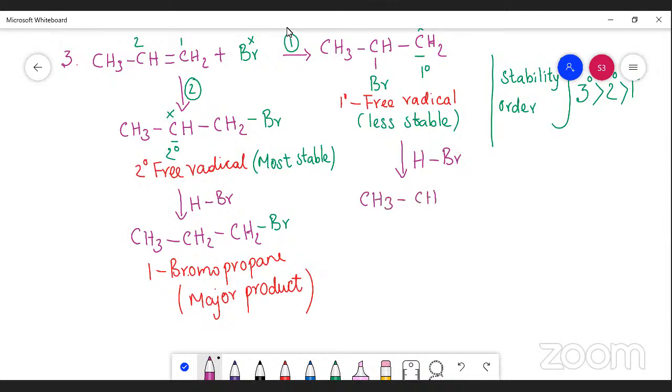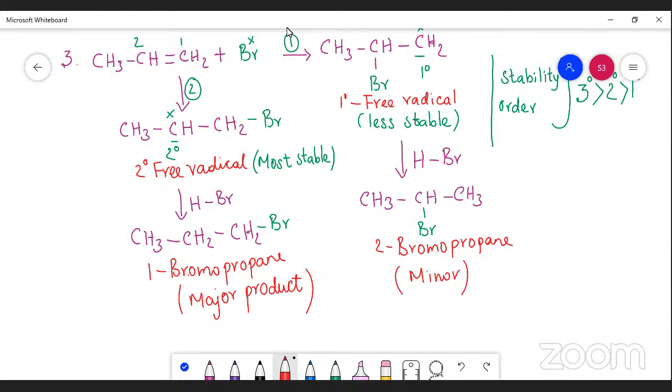It is 2-bromopropane, and it is a minor product. Why is this the minor product?